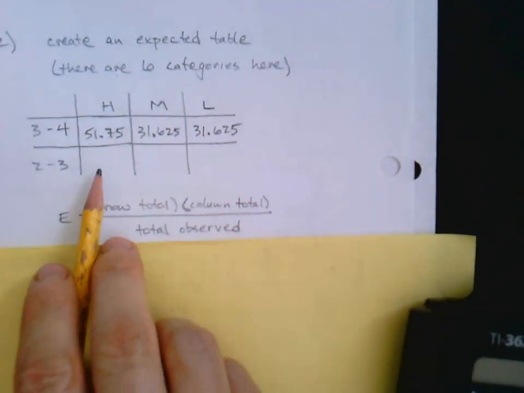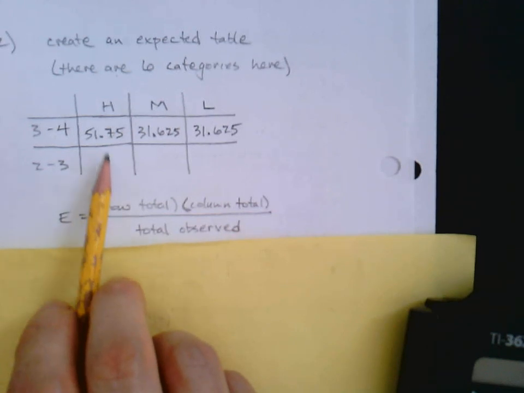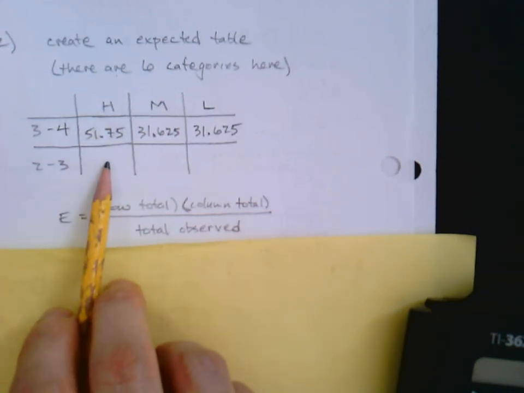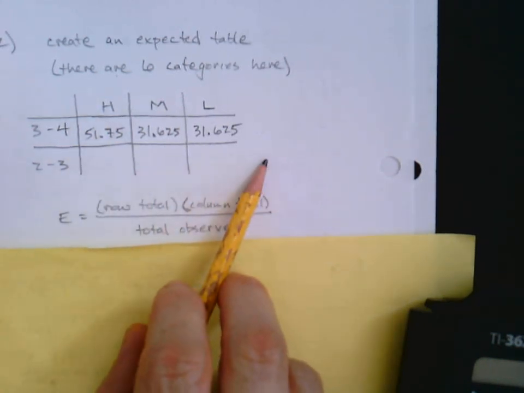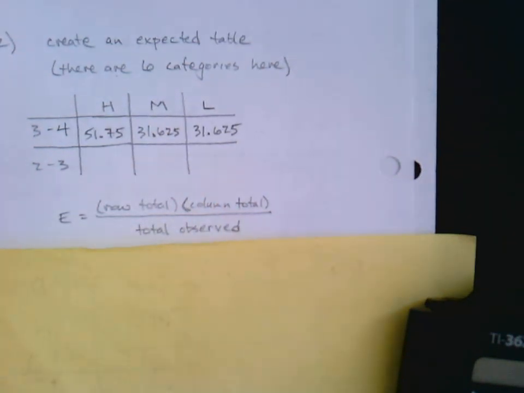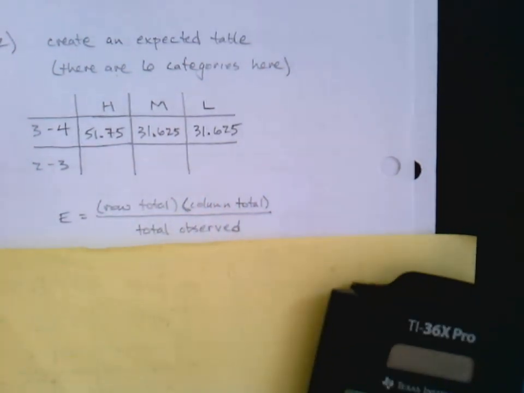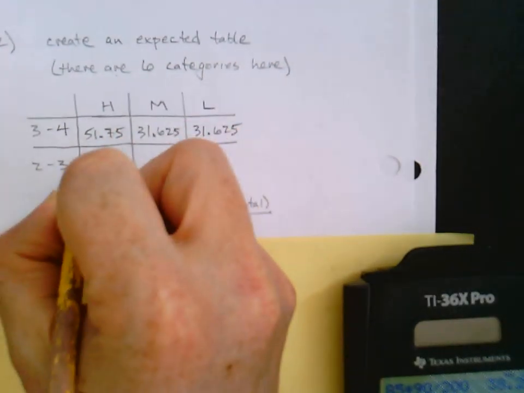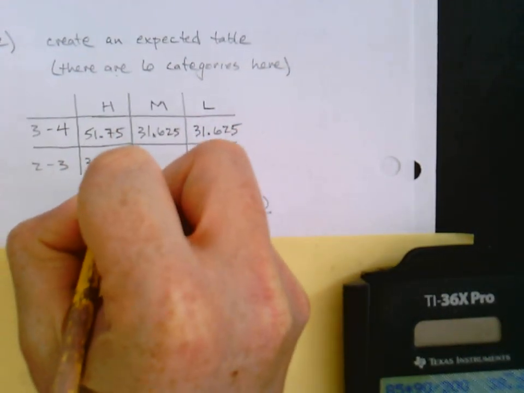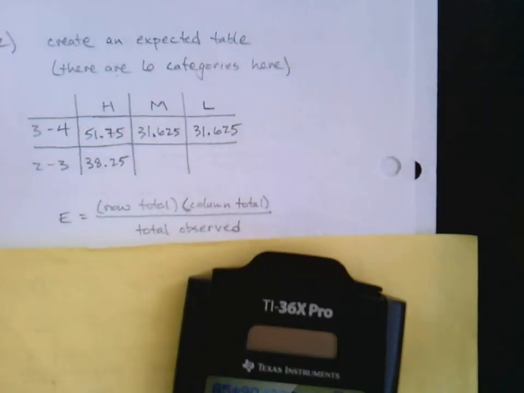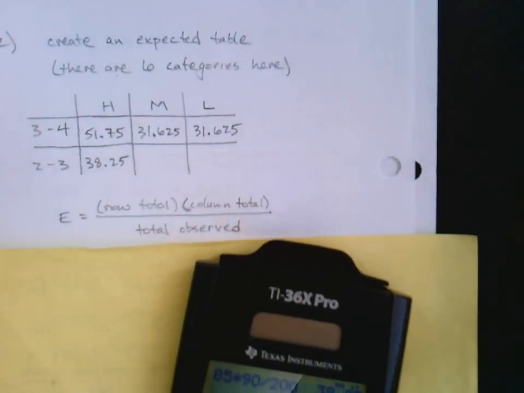Okay, moving here. High anxiety, 2 to 3 GPA. So I'll take the row total, 85, times column total, 90, divided by 200. 38.25. Okay, looking good.